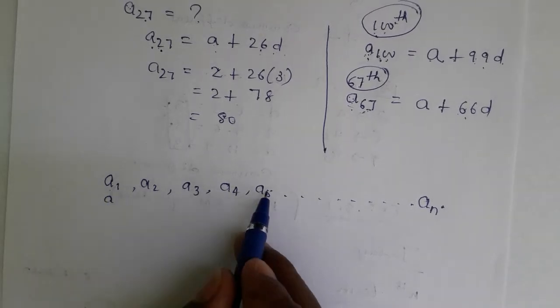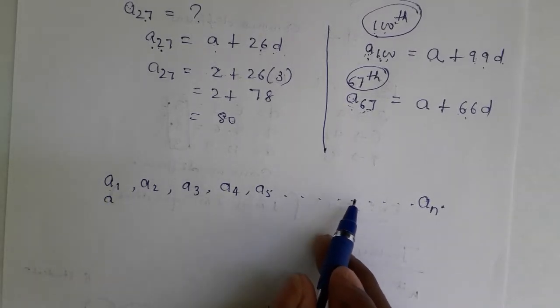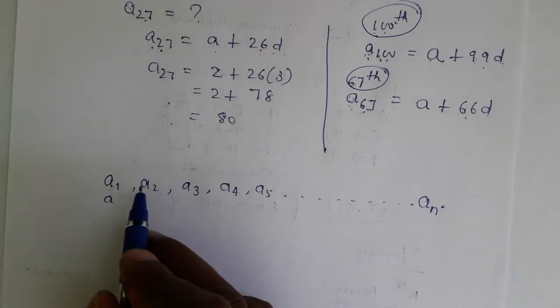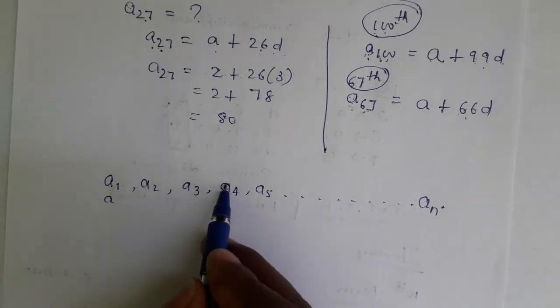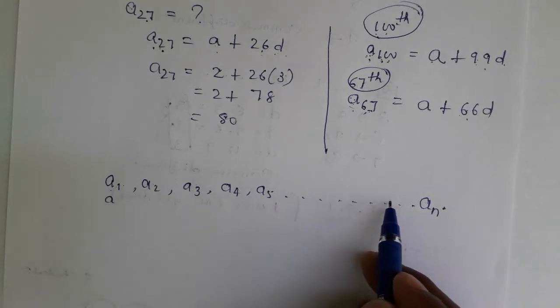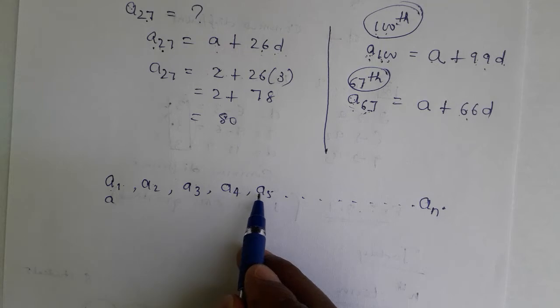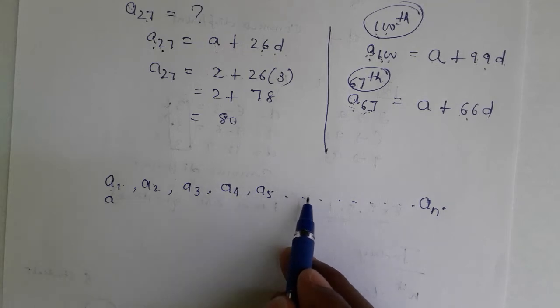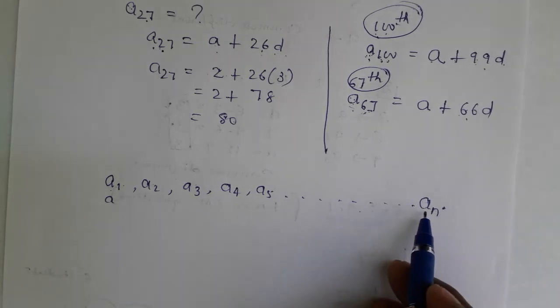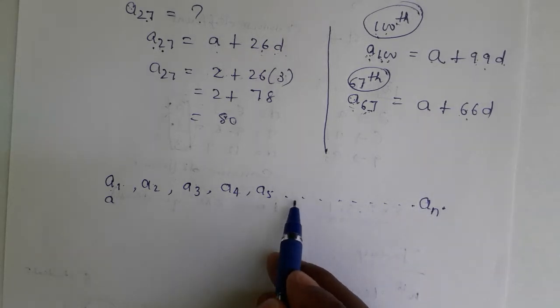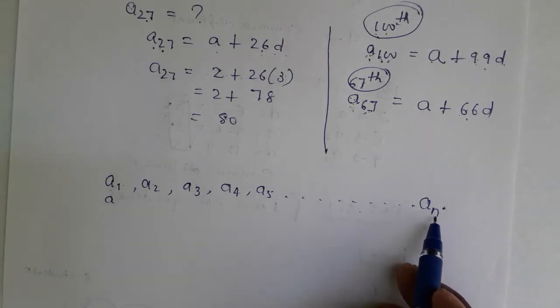A2, A3, A4, A5, next A6, A7, it is going on. At last who is sitting? Till here we can count easily 1, 2, 3, 4, 5. But in between many dots are there. How to count the position? It is unknown, right? Till here A5. Next A6, A7 we don't know. But what is the position of the last? It is unknown. That's why we call it An. N means unknown position, right?